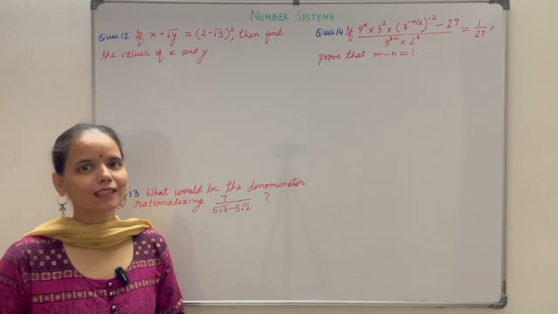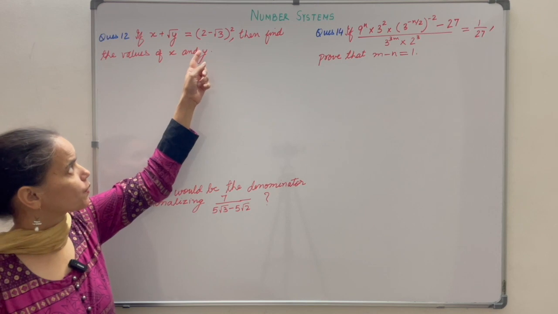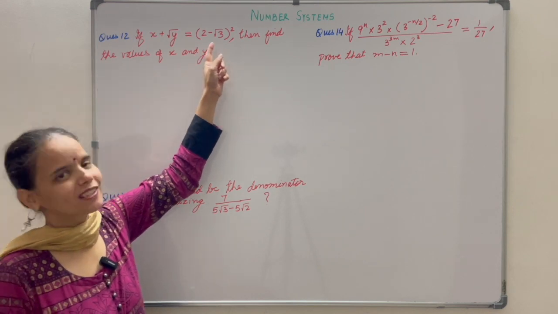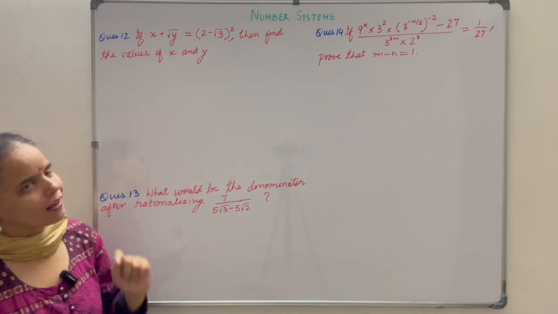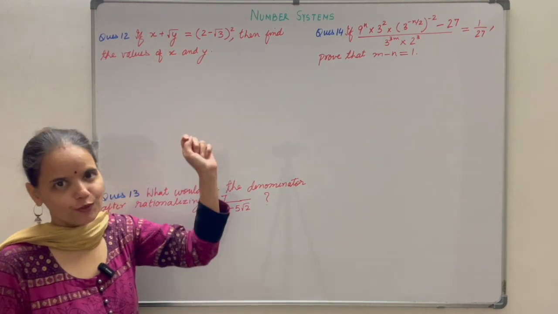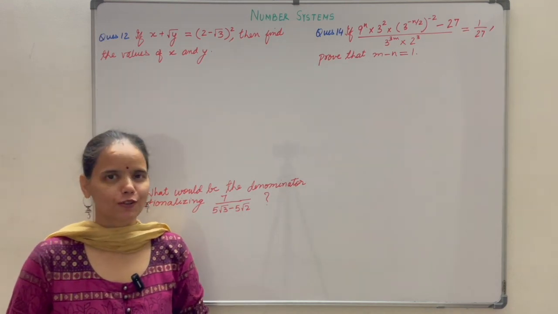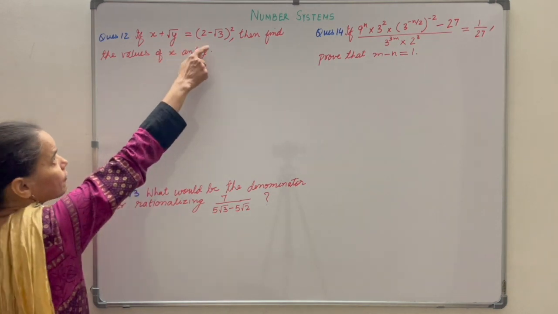Now let us solve the 12th question. If x plus root y is equal to 2 minus root 3 whole square, then find the values of x and y. So here in this question, this is given to you and you need to find out the values of x and y. So let us solve. So we have this.